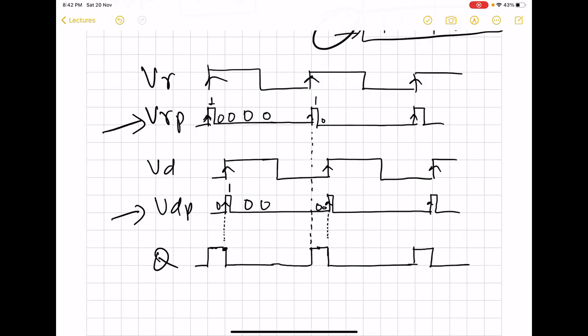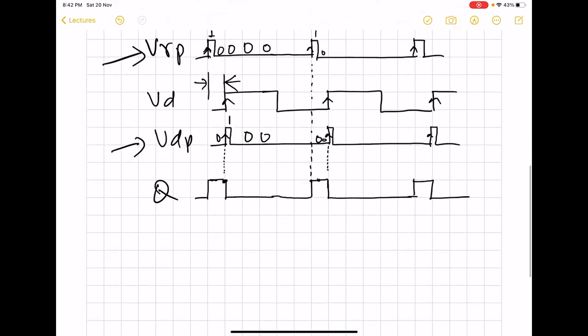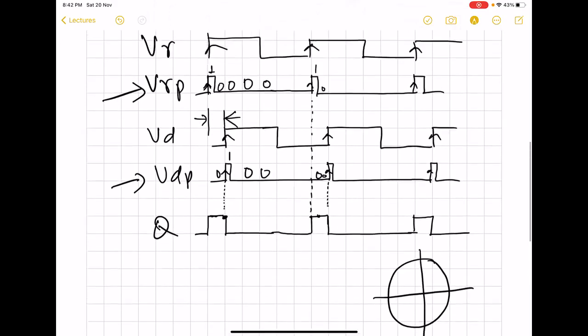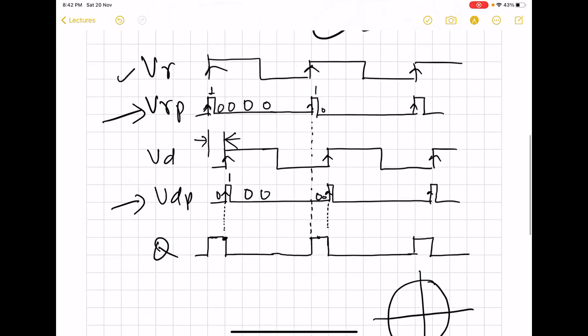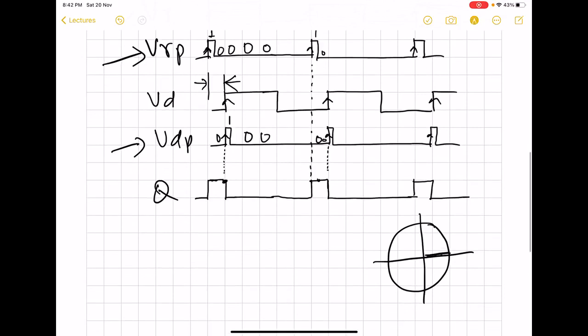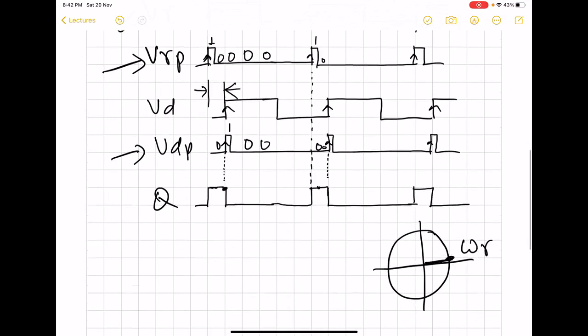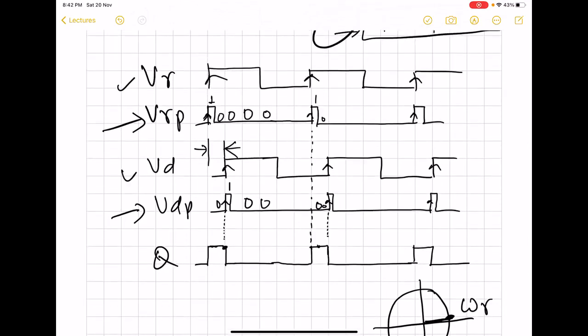And actually, this is going to be the phase error between these two signals. We can see this in the circular motion form. Here we see a rising edge, so this is the location of the reference signal, and VD becomes 1 after a certain positive duration.